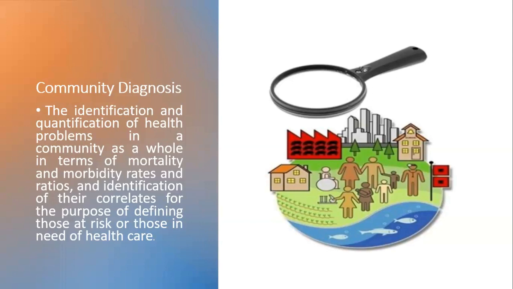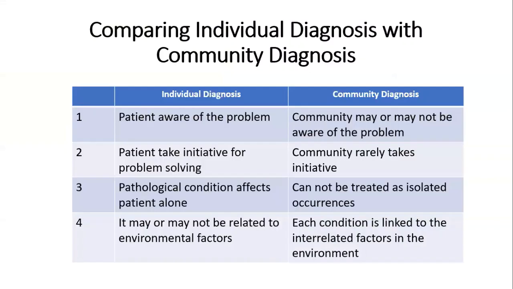Certain diseases children are more prone to. So those identification, quantification, and then defining upon correlation, like which strata of the population is more at risk because of those diseases.